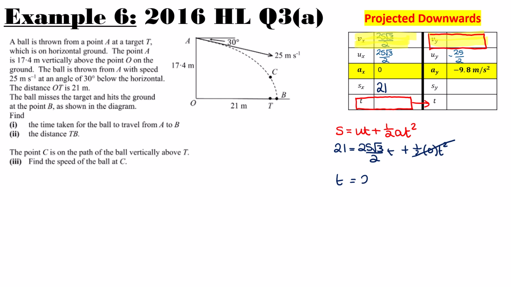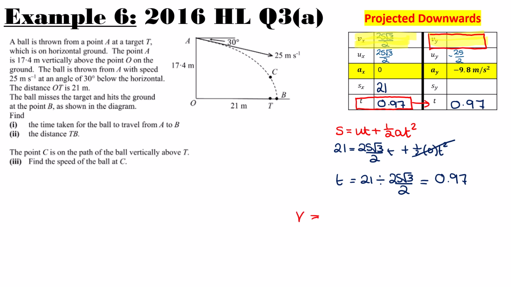So t is 21 divided by 25 root 3 over 2. And that's easier to put in your calculator compared to a complex fraction. So that gives us 0.97. That's the time it takes to get to that horizontal position, which means that's the time it takes to get to C.